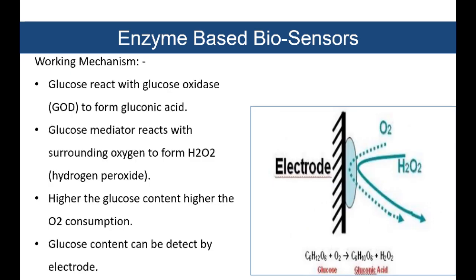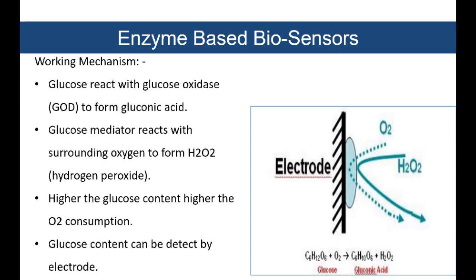The working mechanism behind that: the glucose reacts with glucose oxidase, GOD, to form gluconic acid. The glucose mediator reacts with the surrounding oxygen to form H2O2, hydrogen peroxide. The higher the glucose content, the higher the O2 consumption, and glucose content can be detected by the electrode.